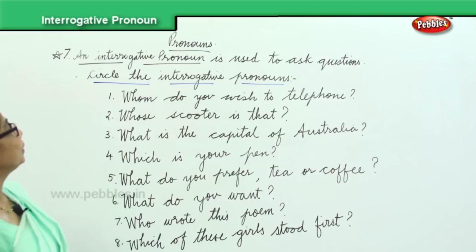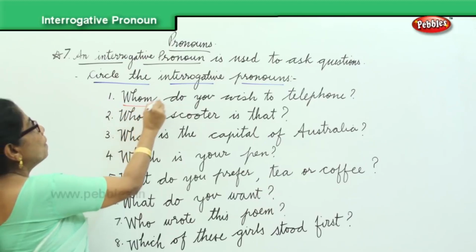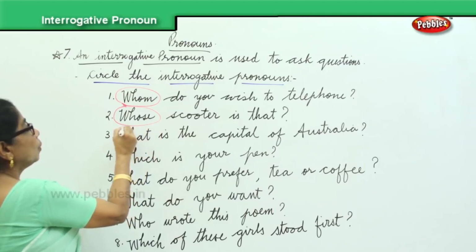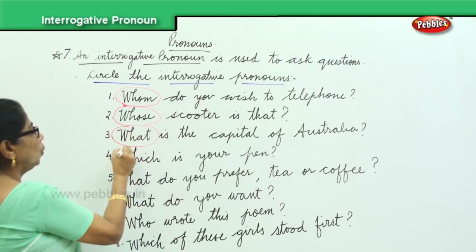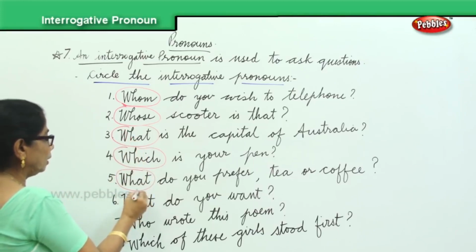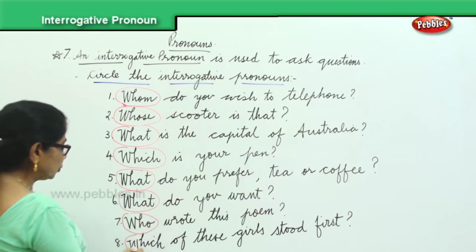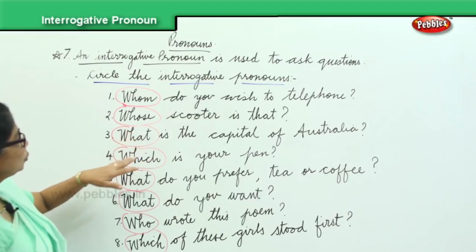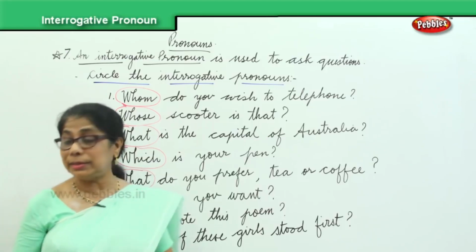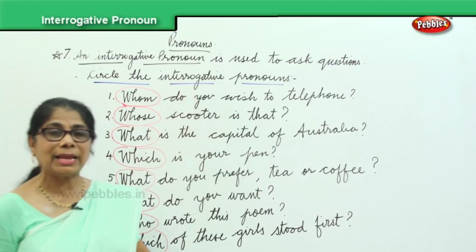First one is whom. Next is whose, what, which, what. All these words indicate that these are interrogative pronouns.